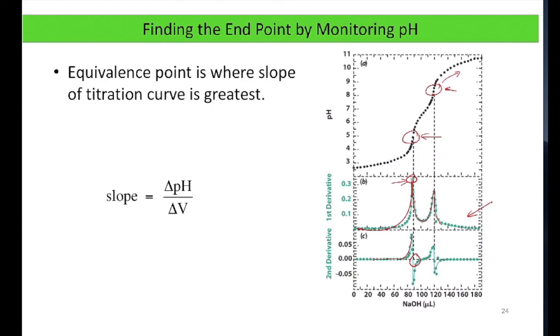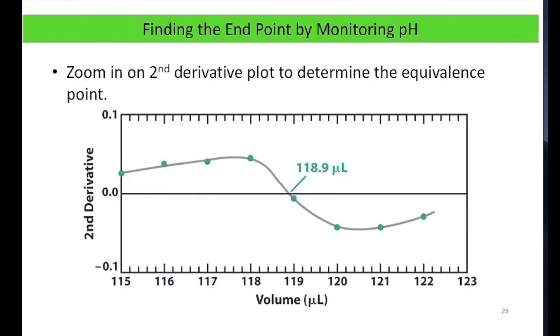So where the slope is 0. Right? The curve is going from a positive slope to a negative slope, so it's got to pass through 0. That right there is going to be your endpoint for the titration curve. It's a little bit more accurate because it's very unlikely that you'll have a point that sits right on that endpoint. So you can look at this curve and zoom in on it and determine where the endpoint is.